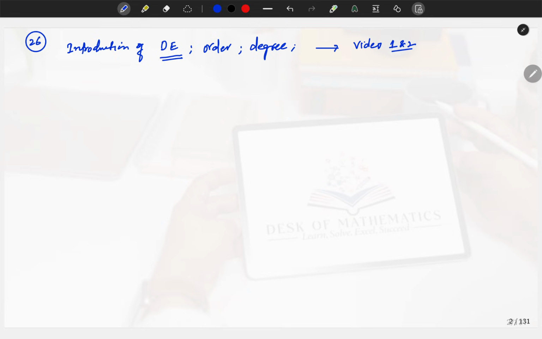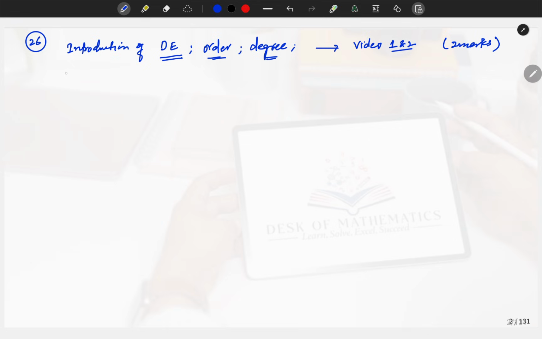That will be, I think, a 2 marks question in your examination. They may ask you the definition of order, definition of degree. They may give some question there and ask you what is the order of the differential equation.